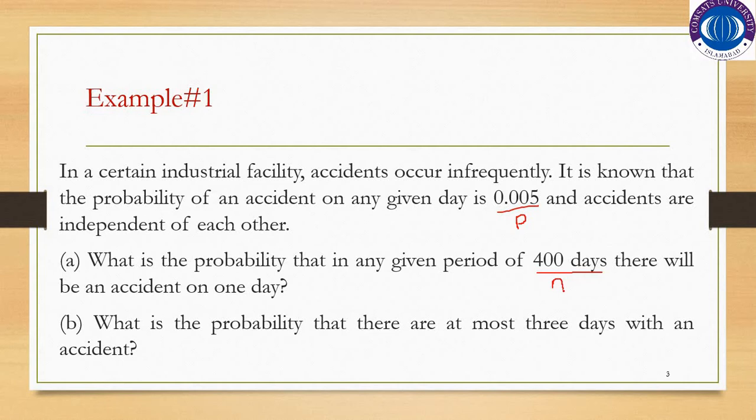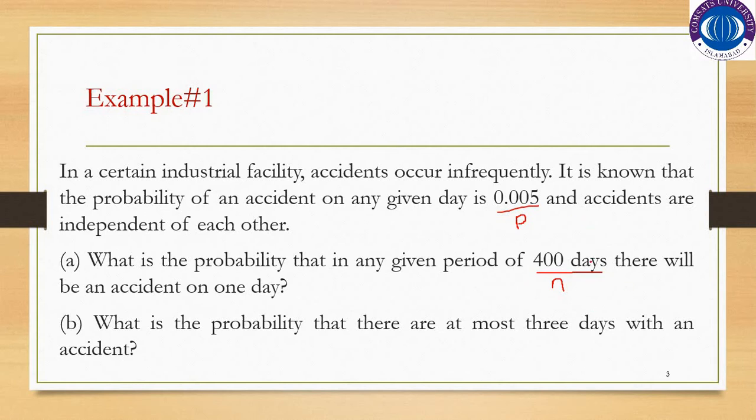If you recall the properties of the binomial distribution, the very first property was that the experiment is classified into two outcomes, success and failure. Here we are interested in the accident in a given day, so this is the success for us. The second property is that the experiment is repeated a fixed number of times.